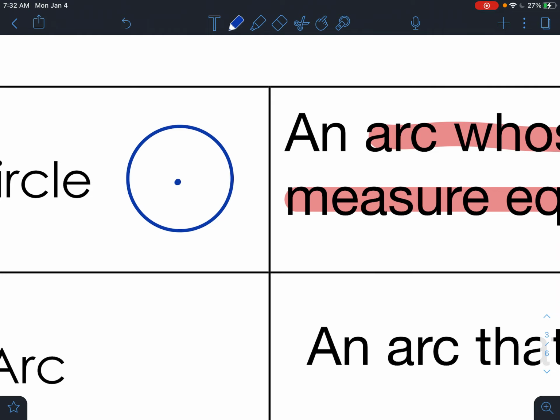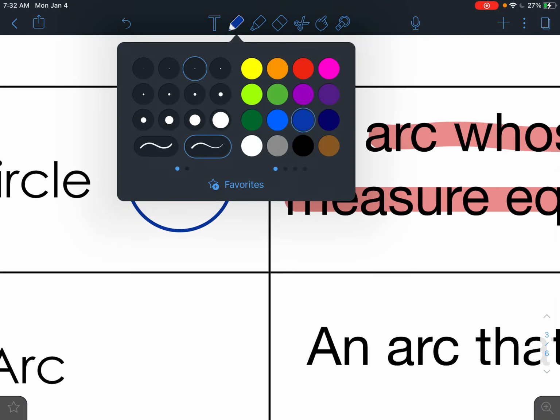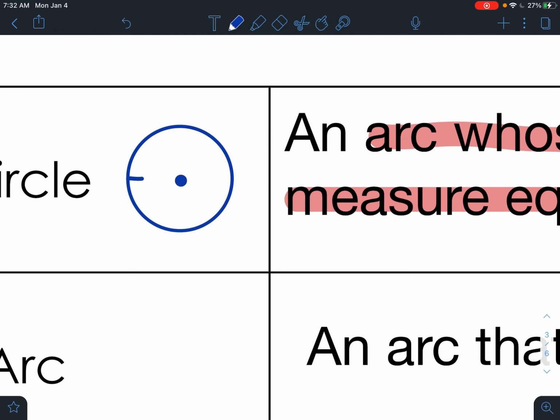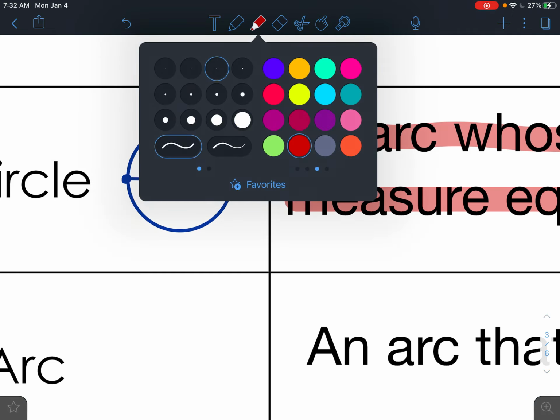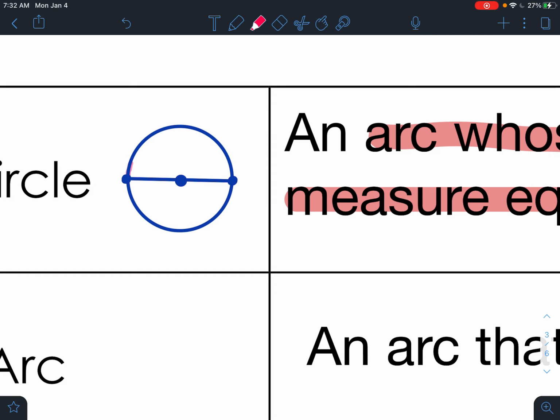I'm going to draw my center because my diameter has to pass through the center, and then draw in my diameter. That's my diameter right there. And I'm going to put my endpoints on my diameter, because then this section right here, what I'm about to highlight, this part of the arc right here, is a semicircle.